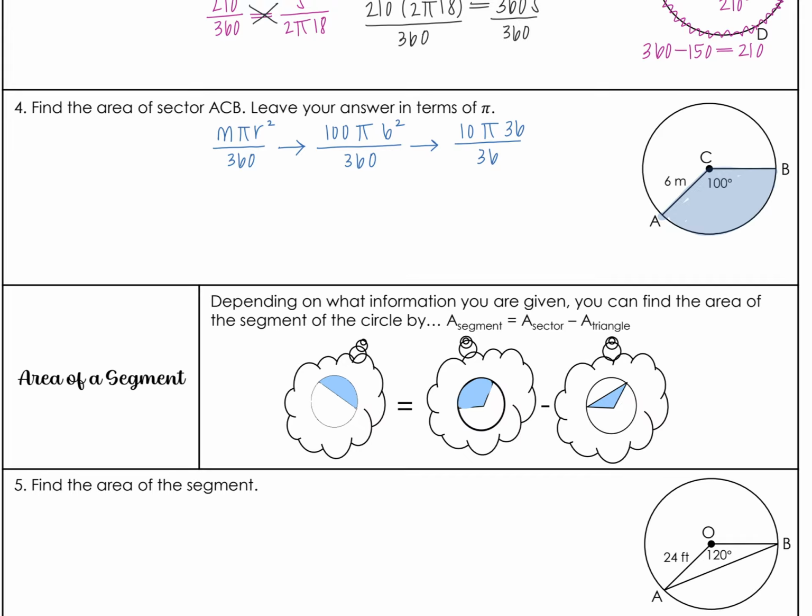Now, this doesn't always happen. Obviously, I've now shown 2 examples where it did, but it doesn't always. But I do notice here, I do have that 36 in the numerator and denominator. So I can cancel those 2 out, and I'll be left with my 10 pi. And making sure that we do include our units because we are dealing with area, I'm going to have my meters squared.